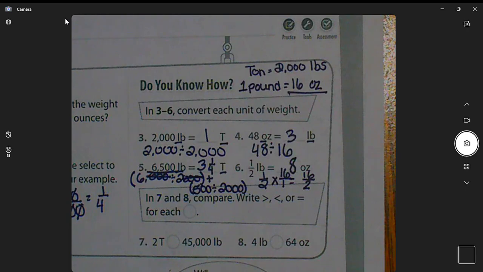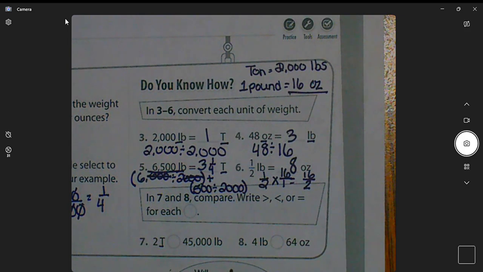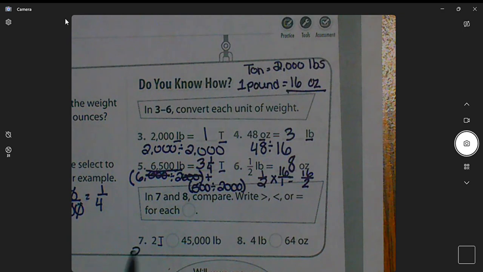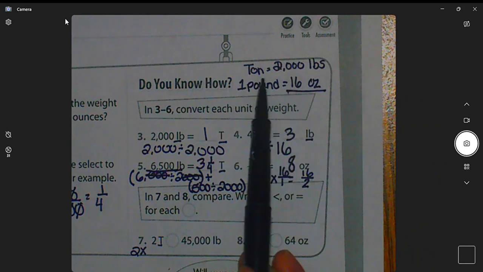All right, let's look at these last two. In this, I'm going to compare. So when I'm comparing different units, I'm going to try and make my biggest unit equal into my smallest unit. So between tons and pounds, tons is my biggest unit. So 2 tons times, how many pounds does it take to make a ton?